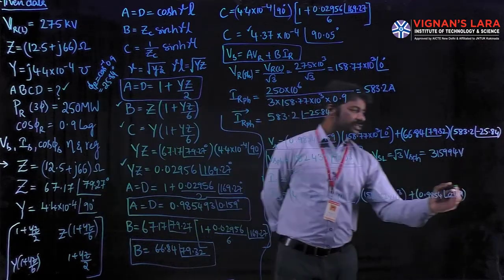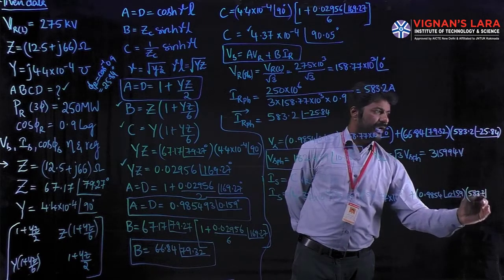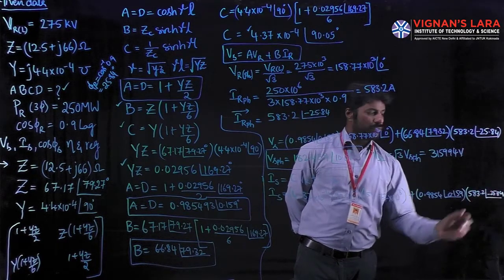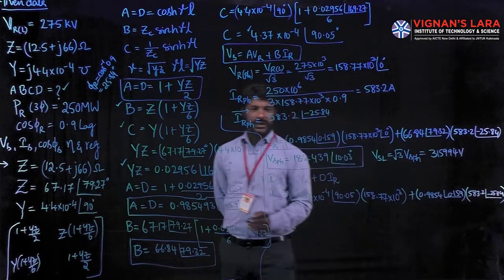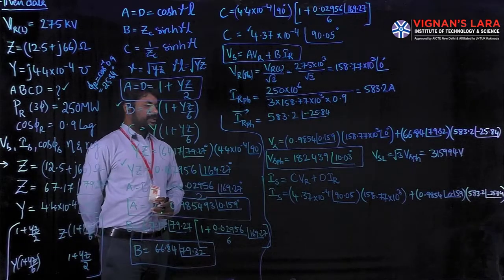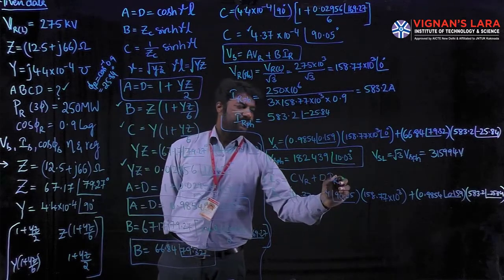That IR value is also known for us priorly. 583.2 at an angle minus 25.84. Okay. Substitute all those, use the calculator in the complex mode and find out the current IS. This is also a per phase value.